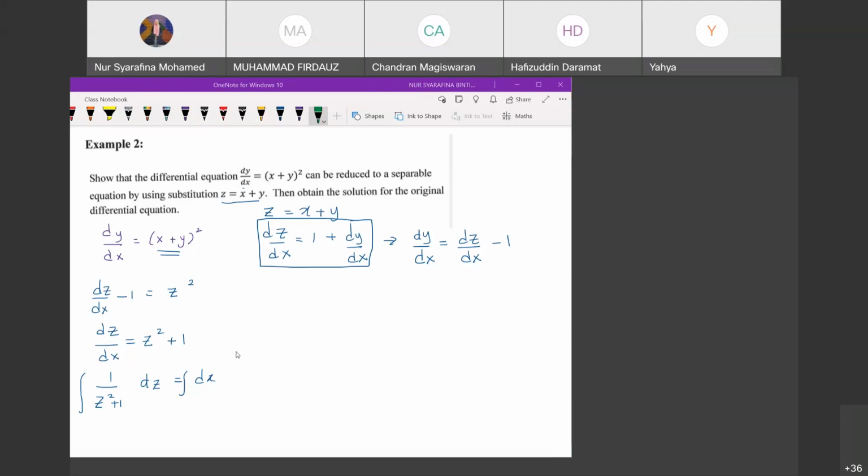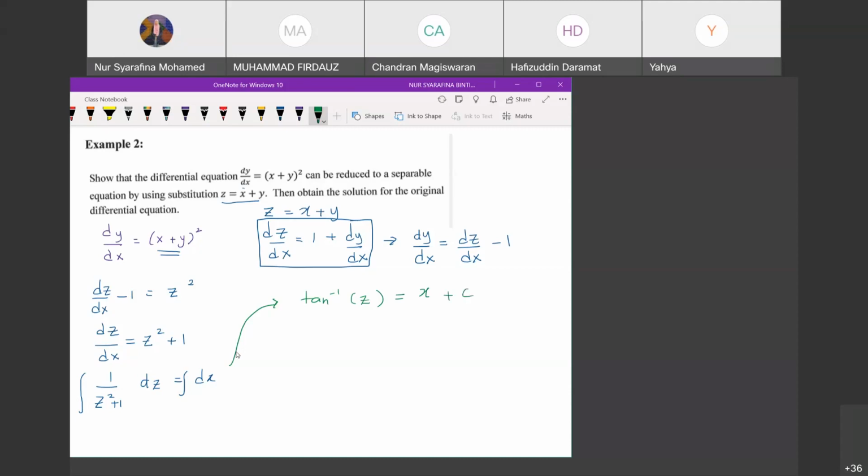So you should have inverse tangent of z. Integrating 1 over z squared plus 1 gives inverse tangent of z. Integrating 1 gives x. Then don't forget to add c.